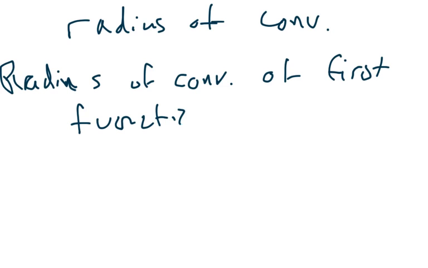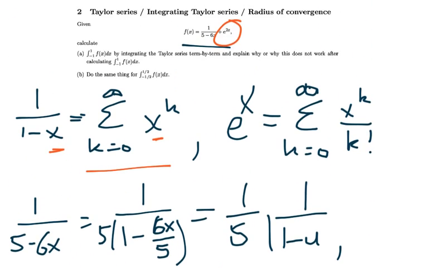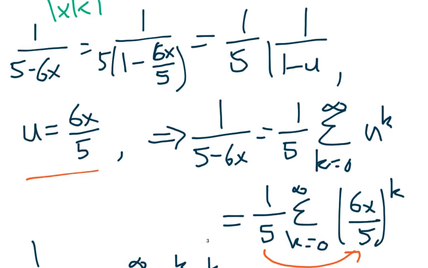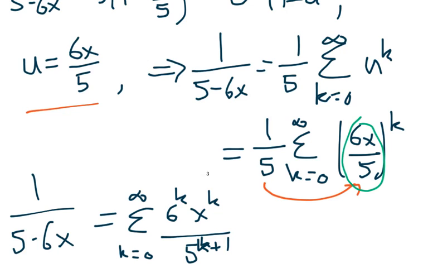Well, we go back to this function. This right here only converges for absolute value of x less than 1. So let's look at here. What we end up having is 6 times x over 5 to the k.